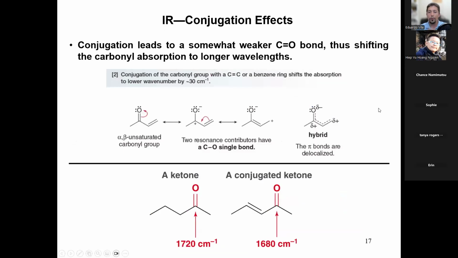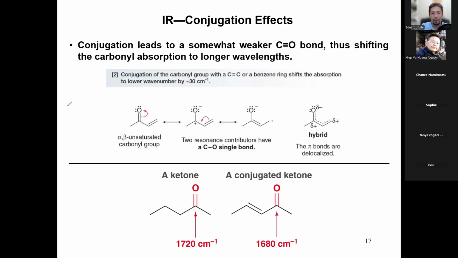Alrighty. So carbonyls and double bonds can participate in an interesting effect. I don't know if you've talked about this in class yet or you've heard about it. This is called conjugation. Conjugation means alternating single double bonds. So I will draw you an example.